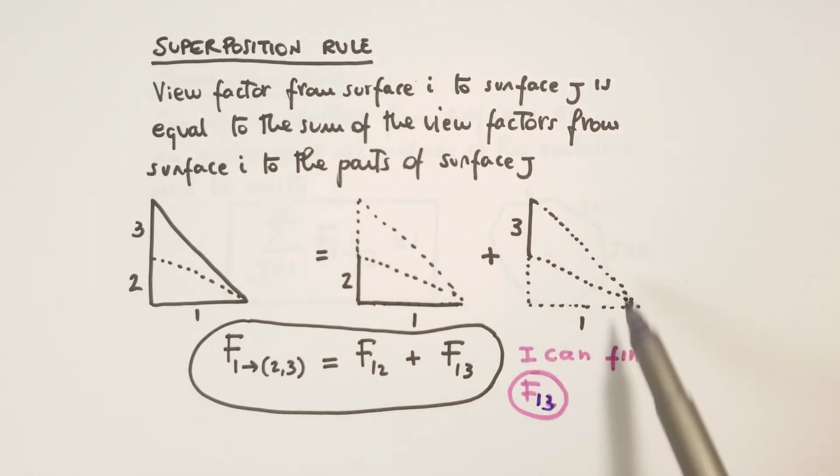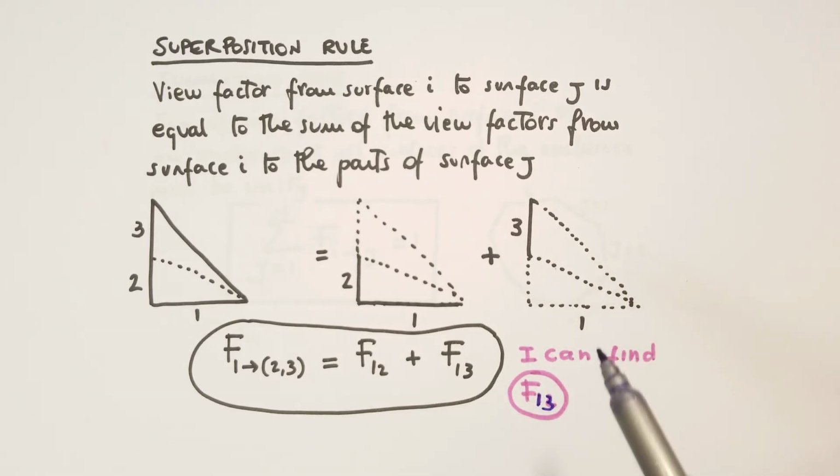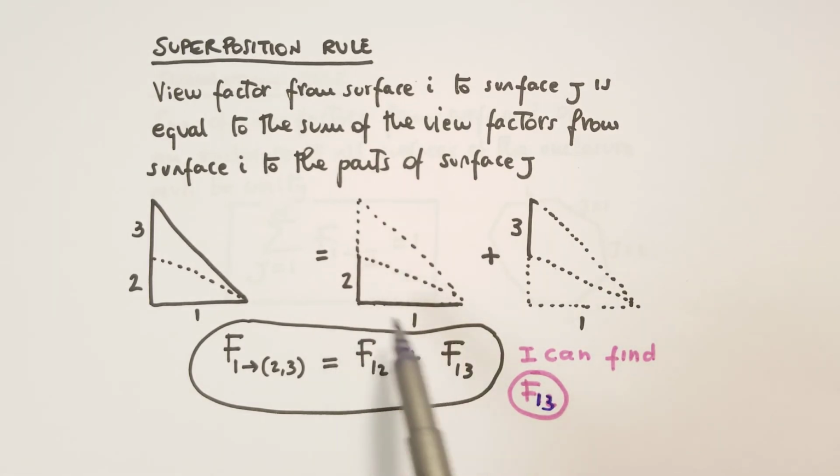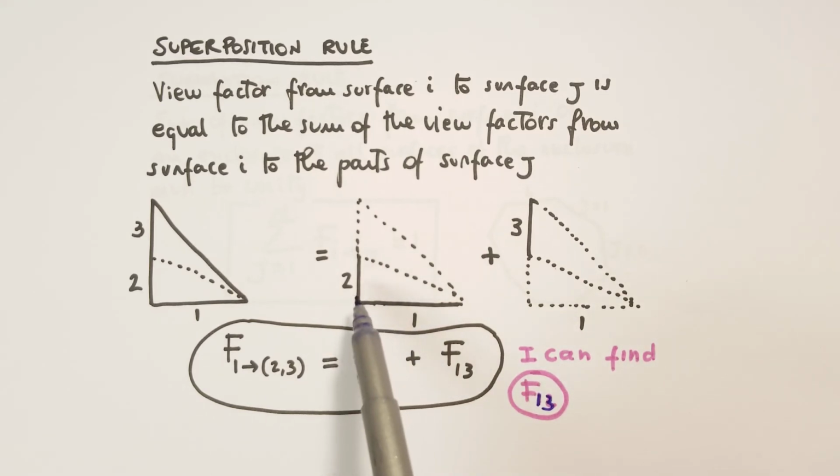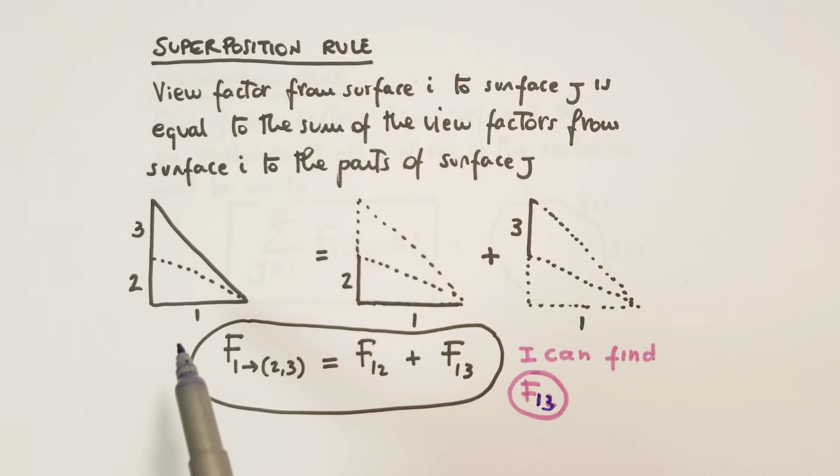But this is quite an unusual geometry. We are not going to find a tabulated value for this geometry, but we do have tabulated values for cases, for example, such as this one, from surface 1 to surface 2, or from surface 1 to 2 and 3, which is essentially the same shape.